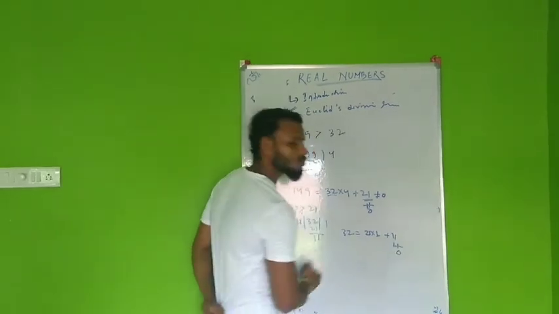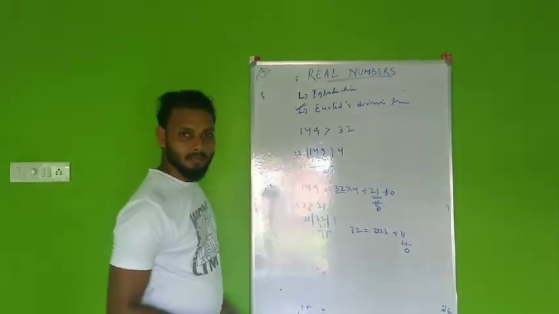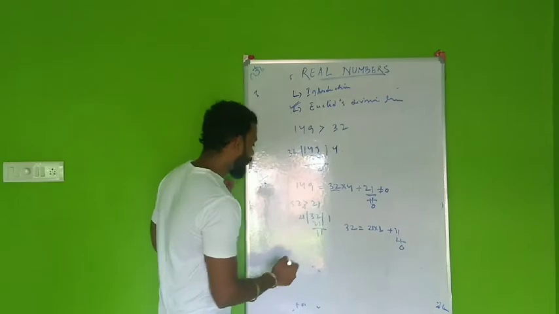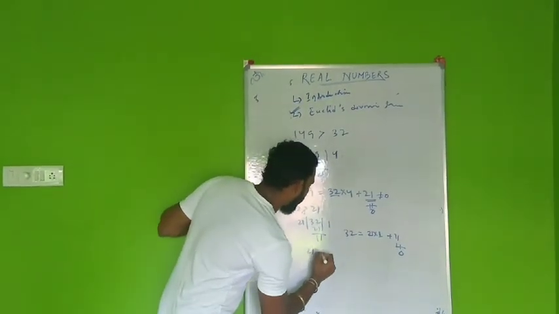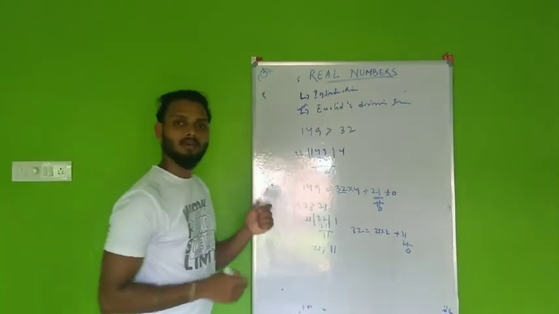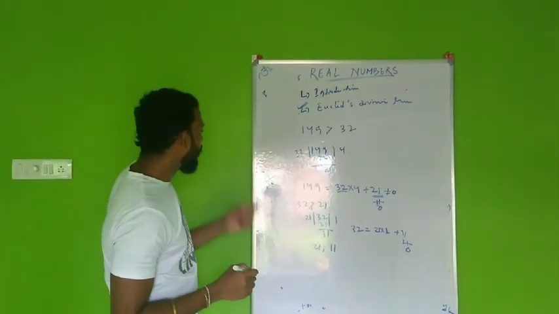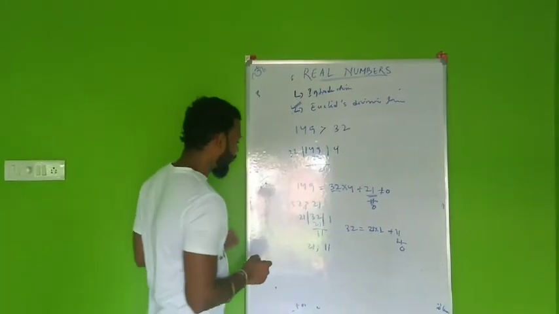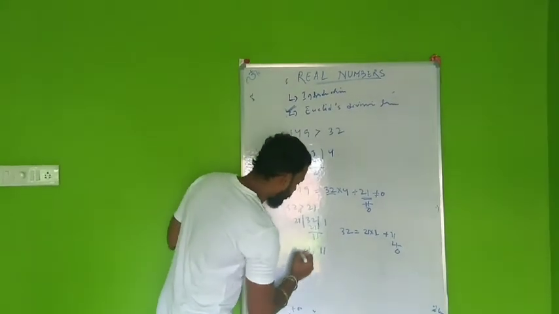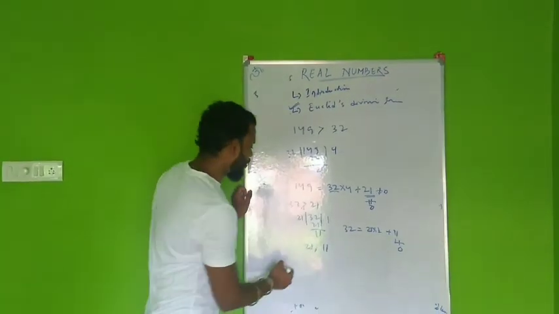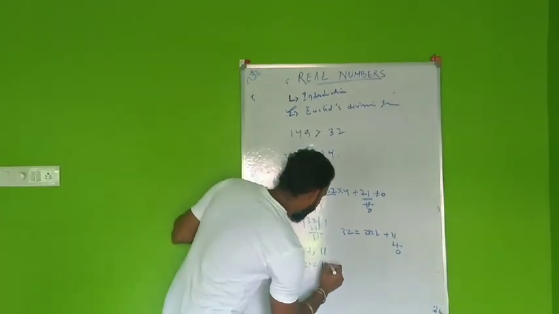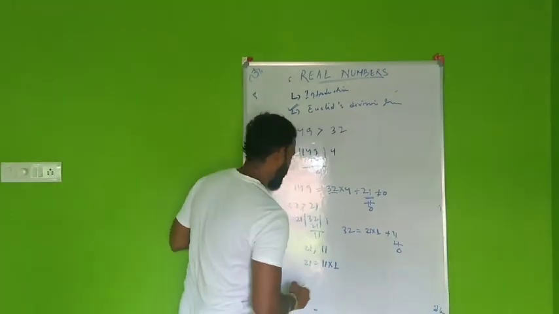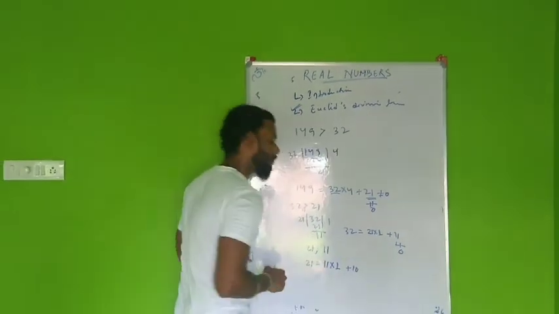Again 11 is not equal to 0, so I will use Euclid's lemma for 21 and 11. Again 21 is greater than 11, so I can write 21 is equal to 11 into 1 plus 10.